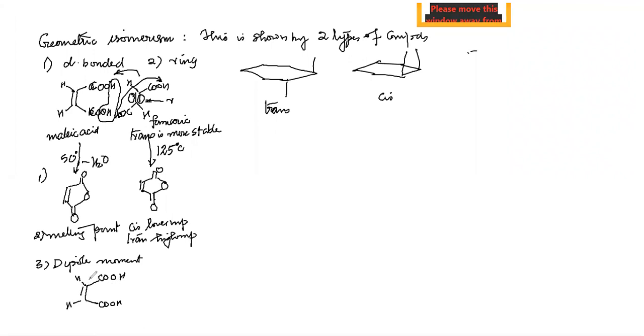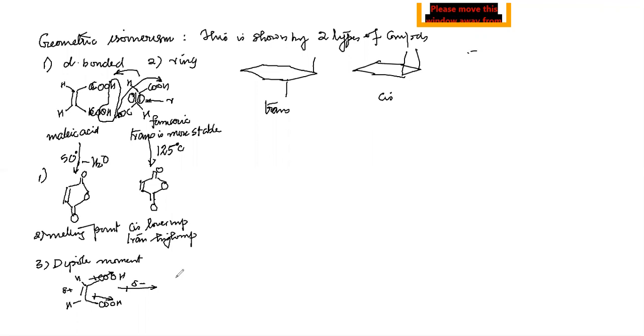This bond has its dipole towards this direction. The dipole moment of this CO bond will be towards this direction, and this also will be in this direction. So the net dipole moment will be in this direction. So this side is positive, this side is negative.